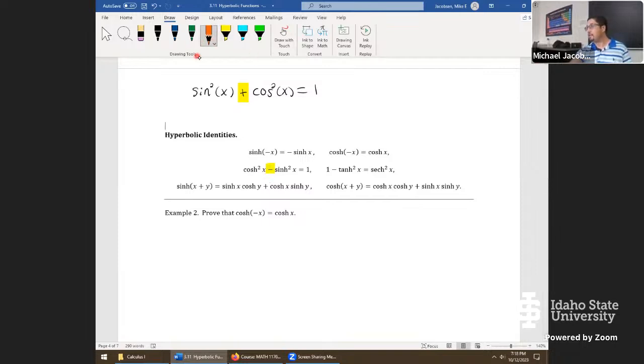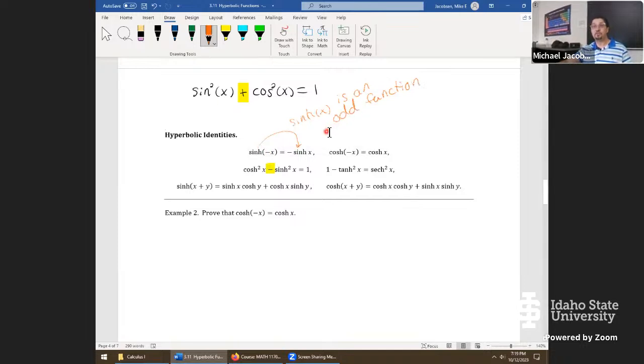For example, this identity says sinh of x is an odd function. An odd function is symmetric about the origin as a graph. You can reflect it across the y-axis and x-axis, and you're not changing the graph at all.